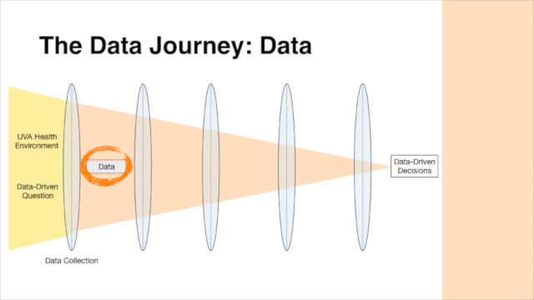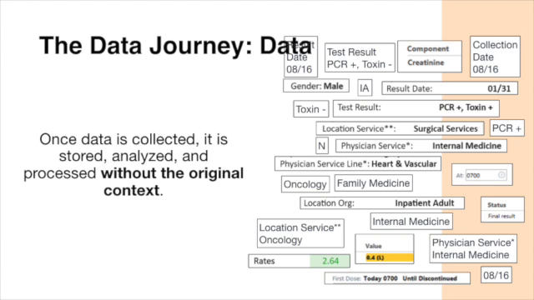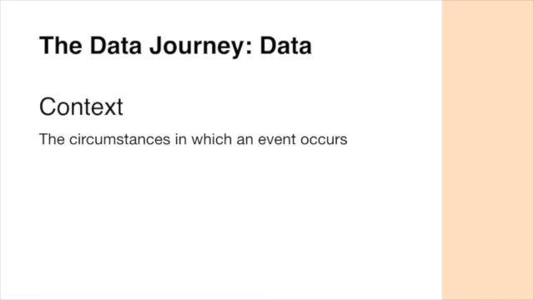Once we've understood how our data is collected, we can access our data. Once data is collected, it is stored, analyzed, and processed without the original context. Context. The context is the set of circumstances or facts that surround a particular event or situation.